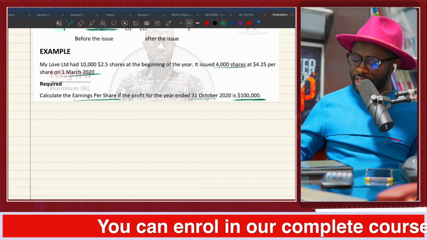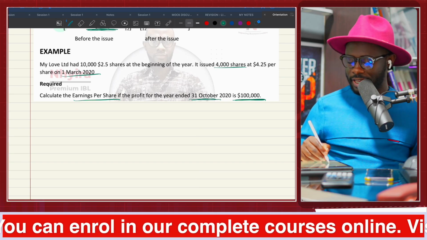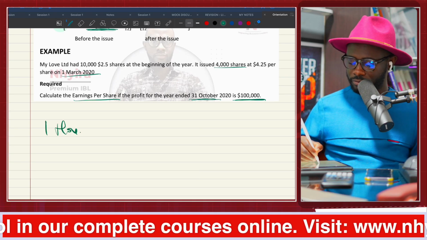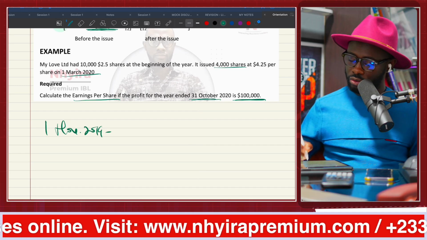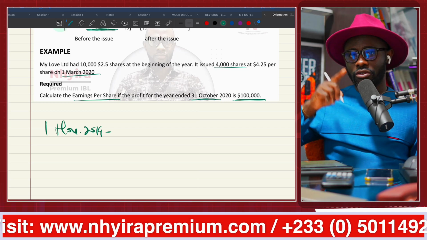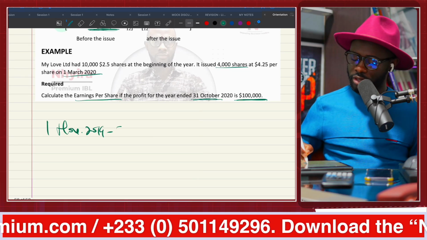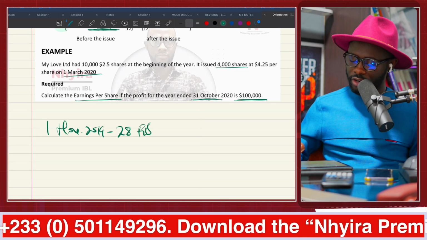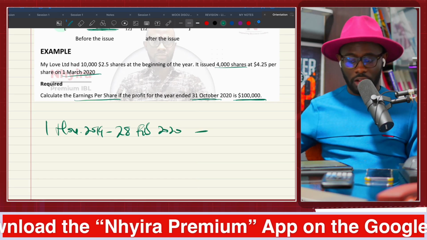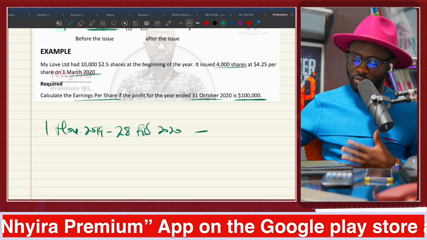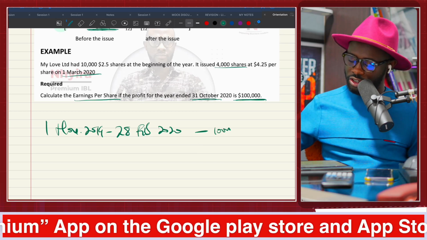If the year ends on 31st October, then it starts on 1st November. So from 1st November 2019 to 28th February 2020, before the issue on 1st March. How long is that? And how many shares were outstanding? 10,000 shares were there.